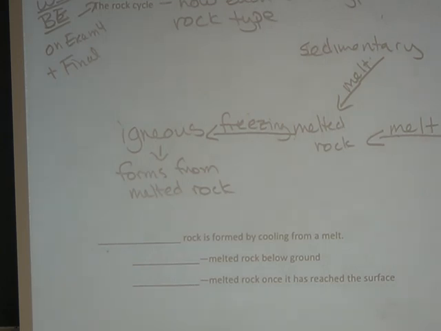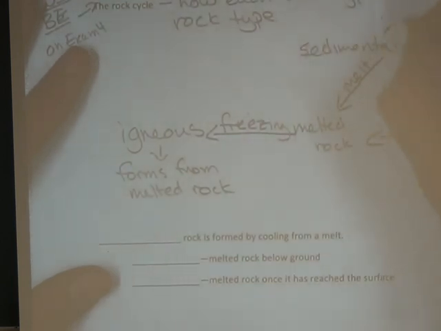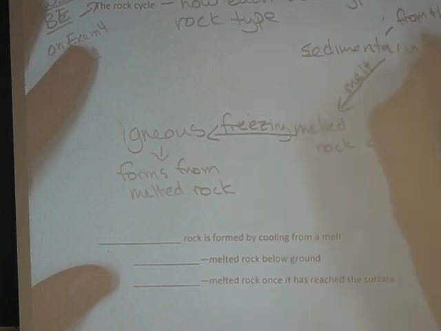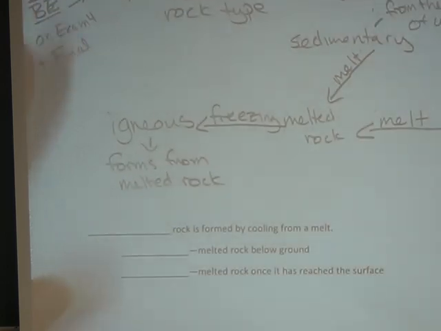Right now I'm just looking for the definition of sedimentary or metamorphic rock. Yes, Leilani. Sedimentary is formed by the byproduct of weathering. Excellent. So sedimentary rocks are from the byproducts of weathering, or you can just say from weathering. Either one of those works.